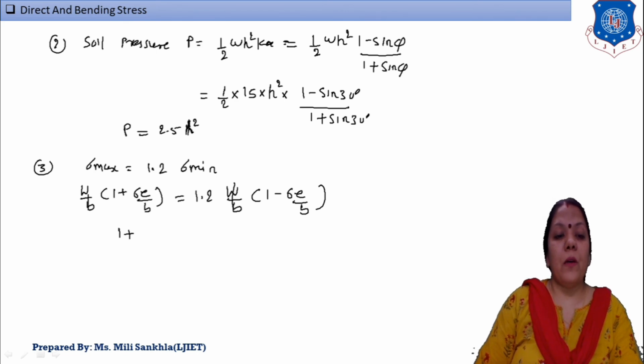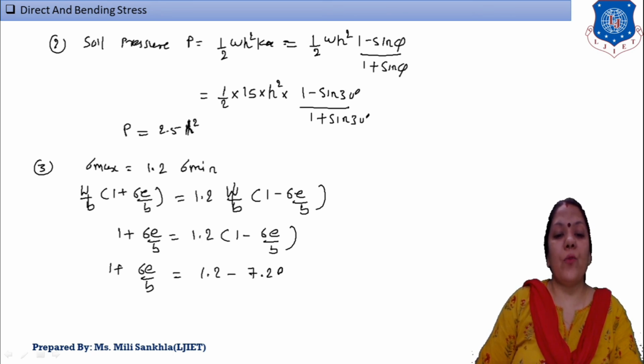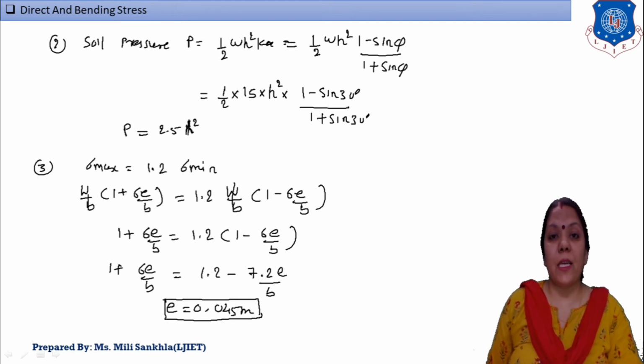Now 1 plus 6E by B is equal to 1.2 (1 minus 6E by B), which is 1.2 minus 7.2 E by B. Now solve this. Finally we get eccentricity E is equal to 0.045 meter. Okay, from this relation we get the answer of eccentricity E, and this is 0.045 meter.